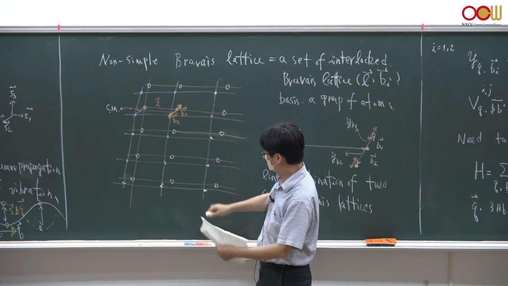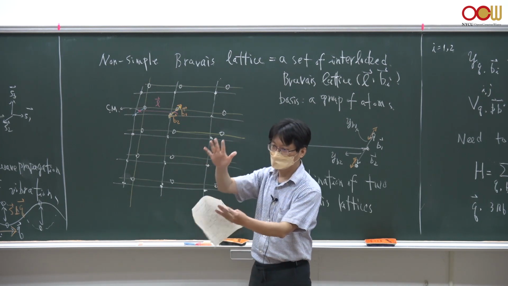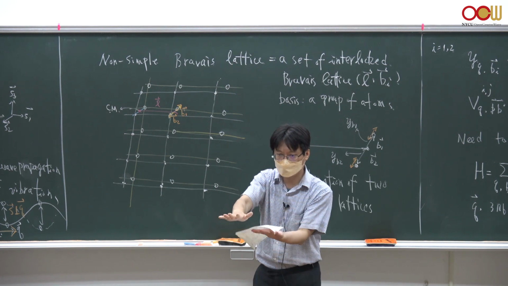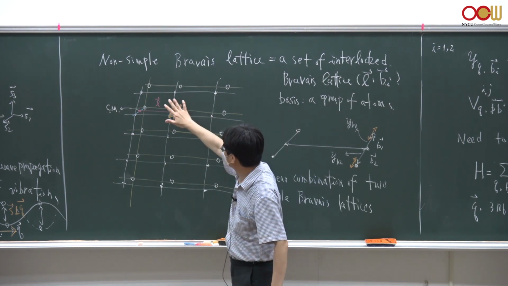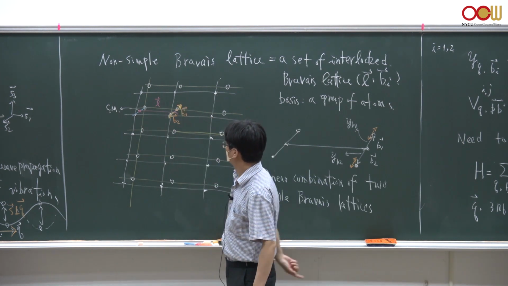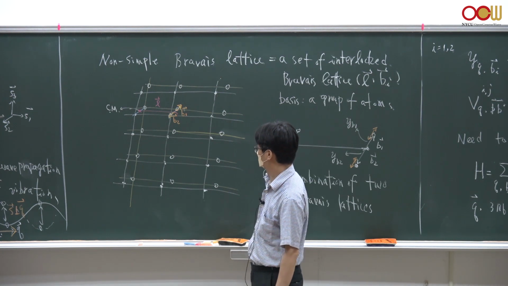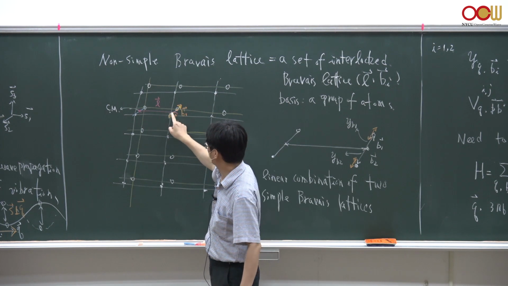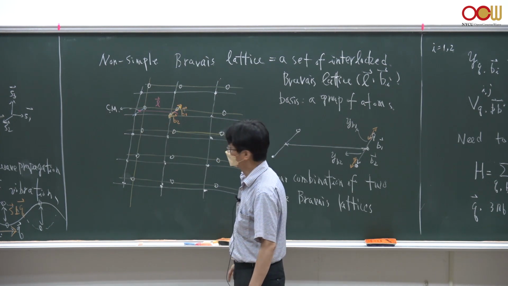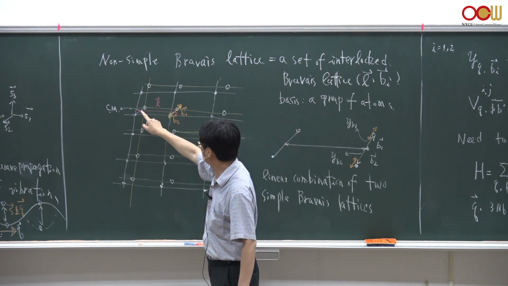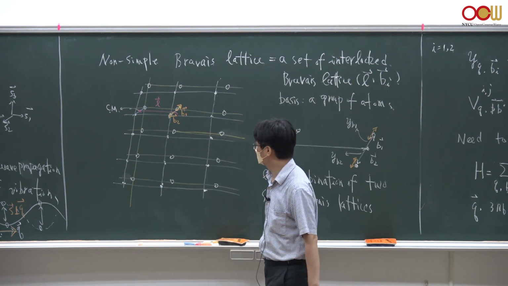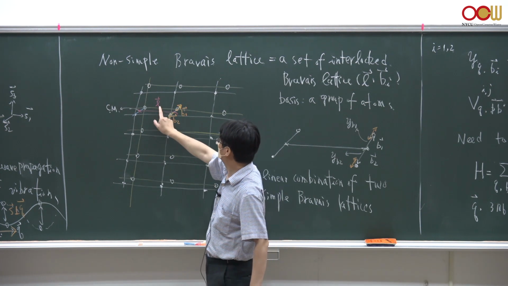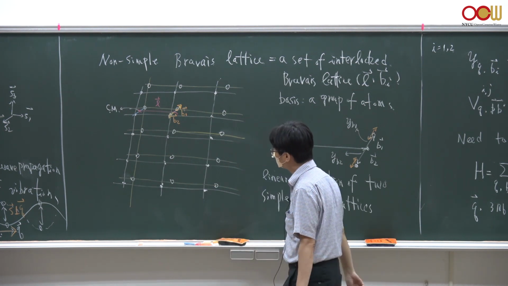You could consider that I simply overlap these two lattices and then shift one lattice from the other by a vector. And we can define the center of mass of these two lattices, marked in red, and the lattice spacing or lattice vector of this combined lattice structure is given by this L vector.